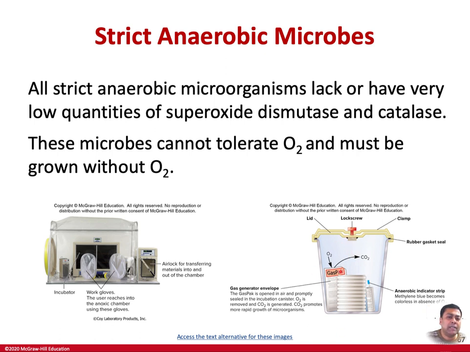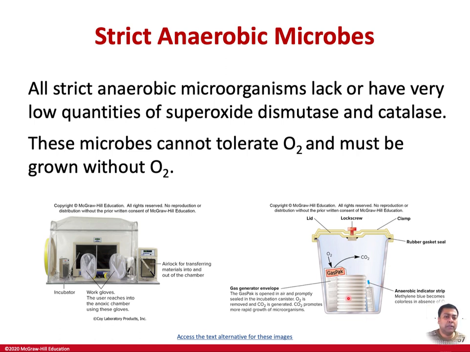And how do you know that it is anaerobic? You have a methylene blue indicator strip. Methylene blue becomes colorless in absence of oxygen, whereas it's going to be blue in presence of oxygen. So when you put this strip inside the gas pack chamber, it's going to be blue because it's aerobic. Within about 20-30 minutes, it's going to turn white. That means that your experiment is working fine.